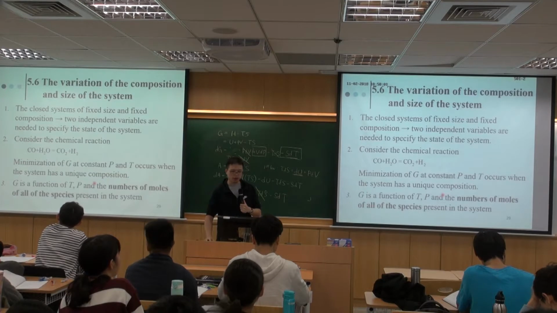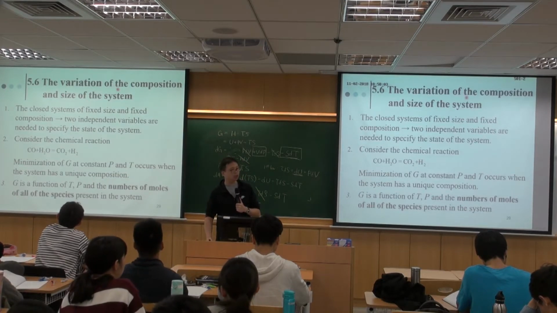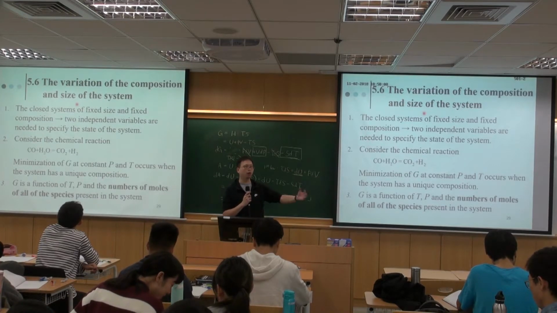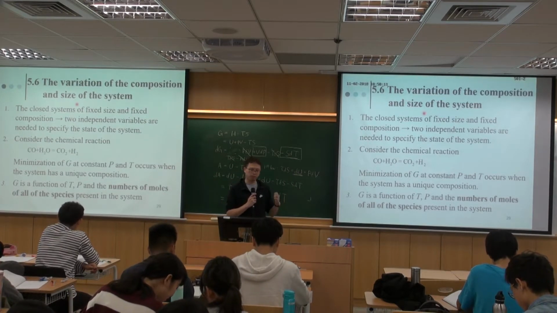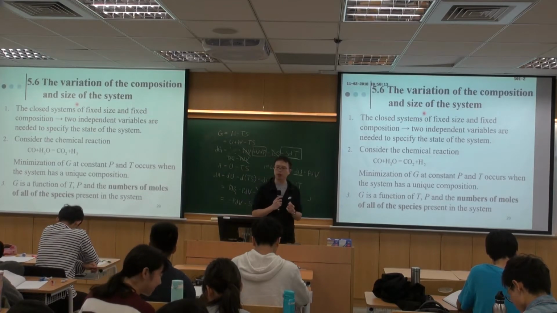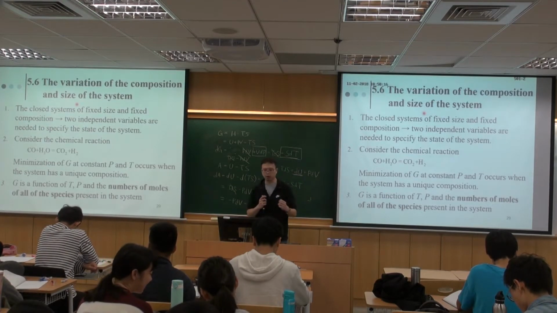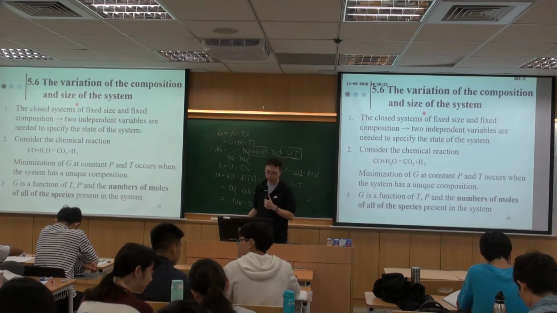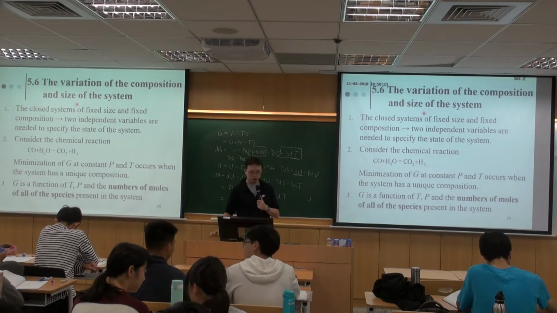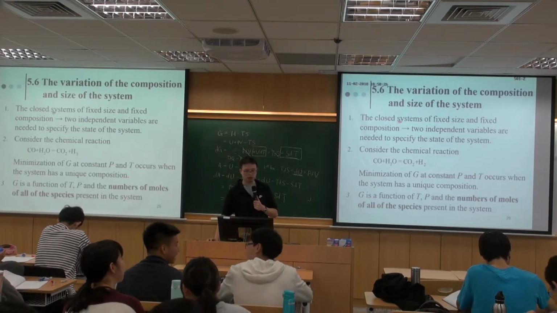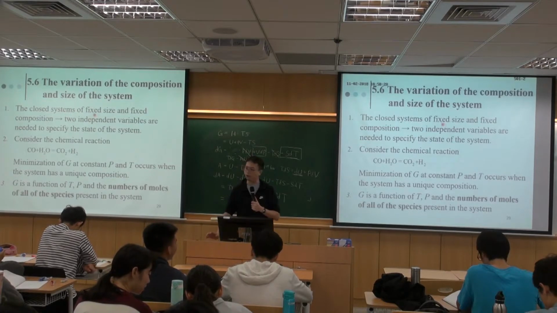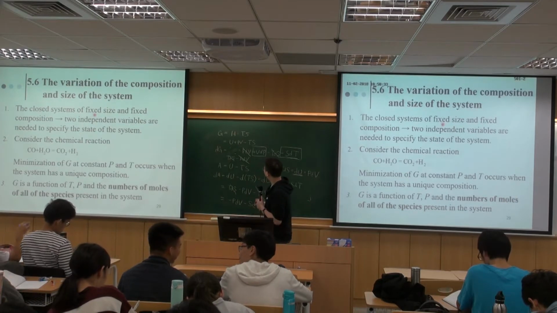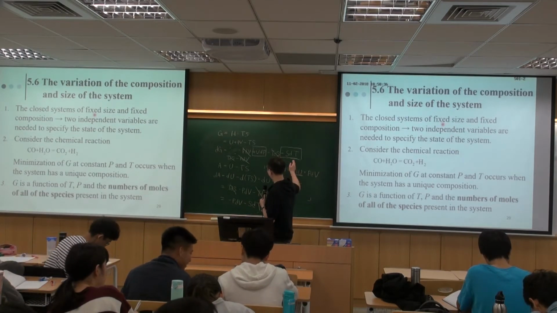However, if you're dealing with variation of composition, or even the size of the system, for instance, particles coming in and out of the system, then you have to change your expression for the free energy, and even for the internal energy. So what we just saw earlier is only for closed systems, with fixed size and fixed composition.